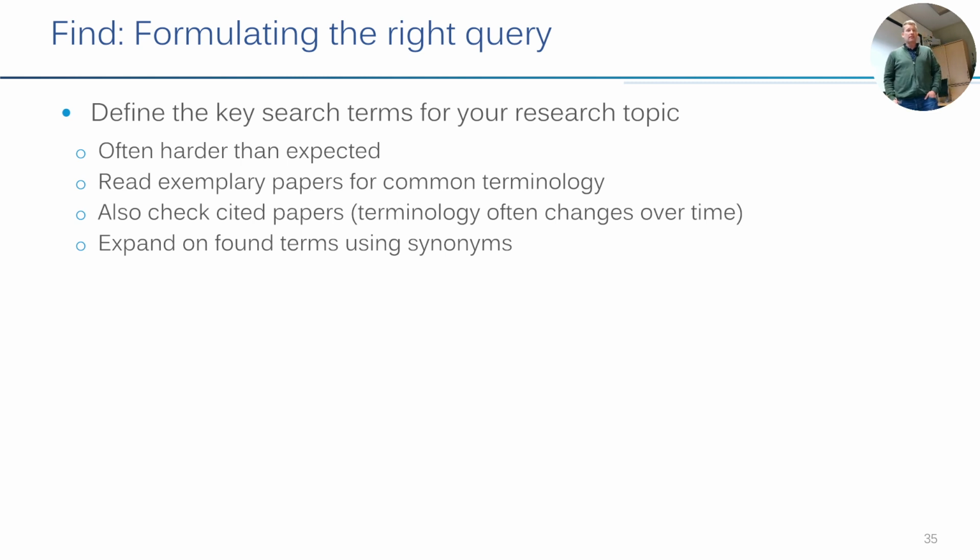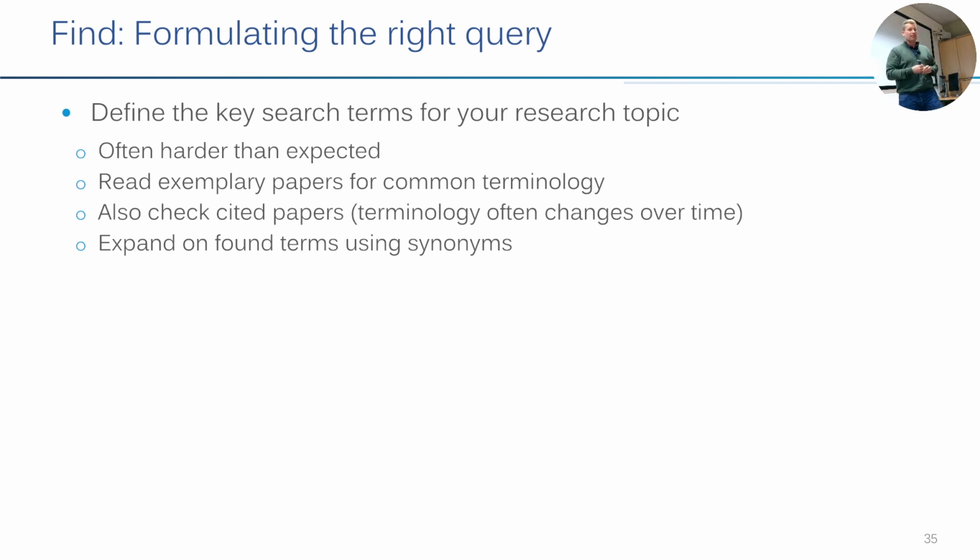Here comes in something that I misunderstood you about: citations. Of course, also check cited papers. If you got your first results, check which papers they cite, because terminology sometimes changes over time. If you take machine learning, neural networks, and so on, the terminology shifts quite a bit.